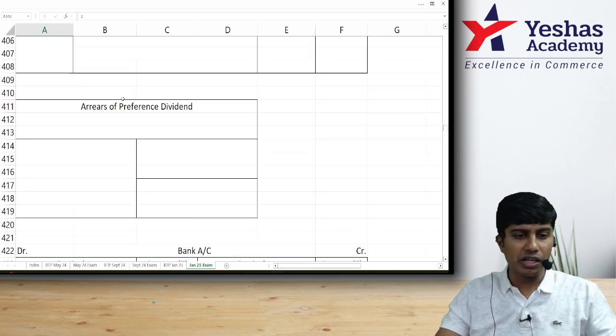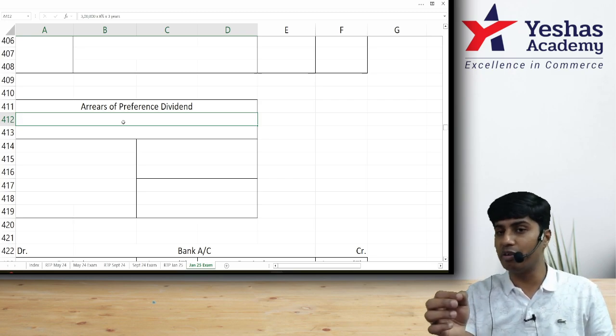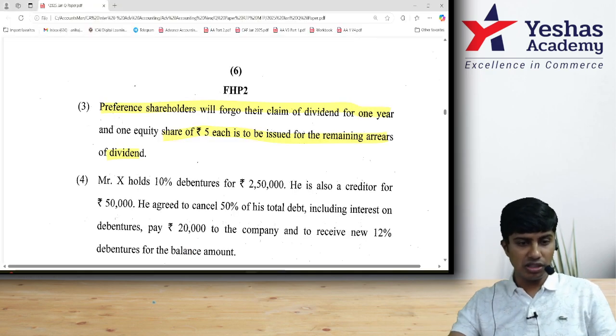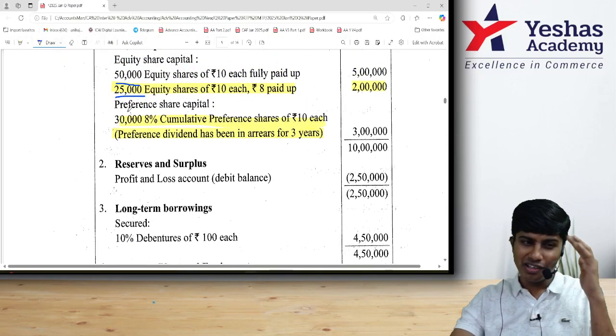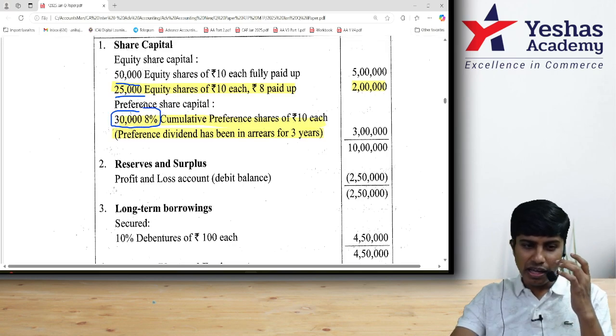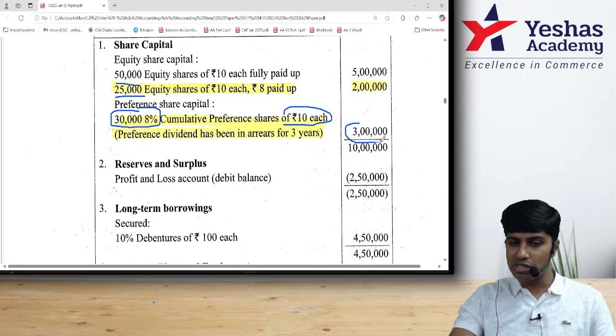I'll do one proper working note. How many debentures, how many preference shares are there? 3 lakh preference shares. What is the dividend rate? 8%. So, 30,000 preference shares of rupees 10 each, basically 3 lakh rupees.